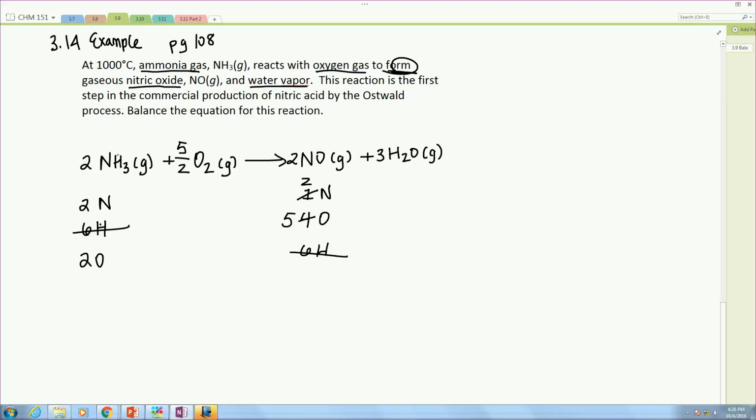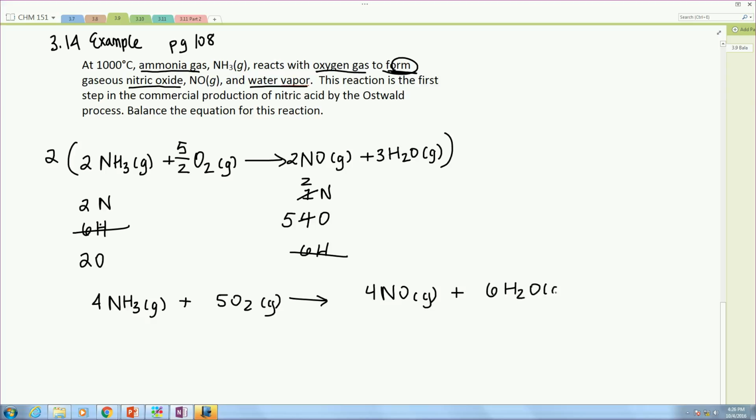But we don't usually leave fractions in a balanced equation. So we're going to multiply everything by 2 in order to get rid of the 2 in the denominator. So now our balanced reaction is going to be 4 NH3 gas plus 5 O2 gas yields 4 NO gas plus 2 times 3 is 6 H2O gas.